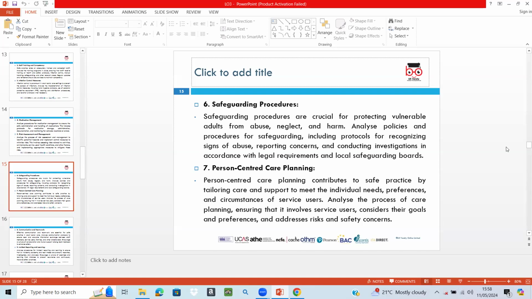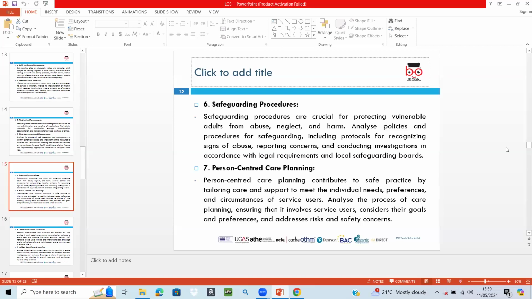Then, if we discuss person-centered care planning, analyzing the process of person-centered care planning is essential for promoting safe and individualized care practices in adult social care settings. Careful examination of care planning procedures should focus on the involvement of service users in decision making, consideration of their goals and preferences, and the integration of risk assessment and safety measures into care plans.